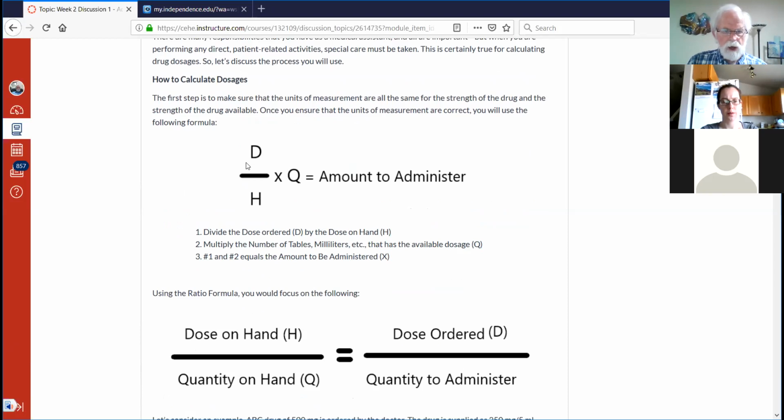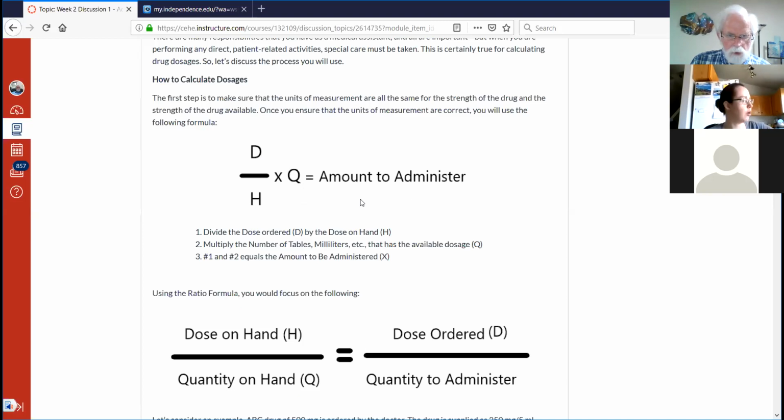If you look at this formula and this one, and get rid of these and just look at this as H over Q equals D over, we'll call it X, the amount to administer, and you algebraically rearrange that, then it turns into this formula right here.